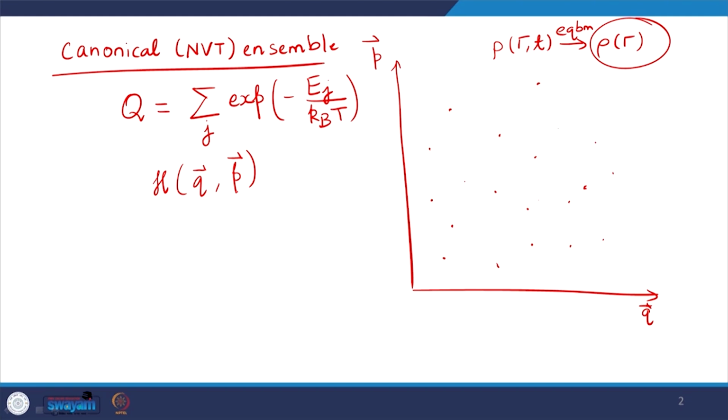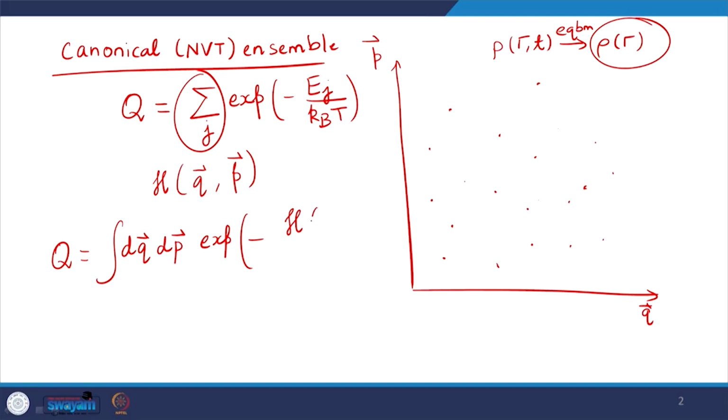And then I can also replace this summation by an integration, and what we can write is my partition function is something like integration over q, integration over p, exponential of minus Hamiltonian H(q,p) by kBT.